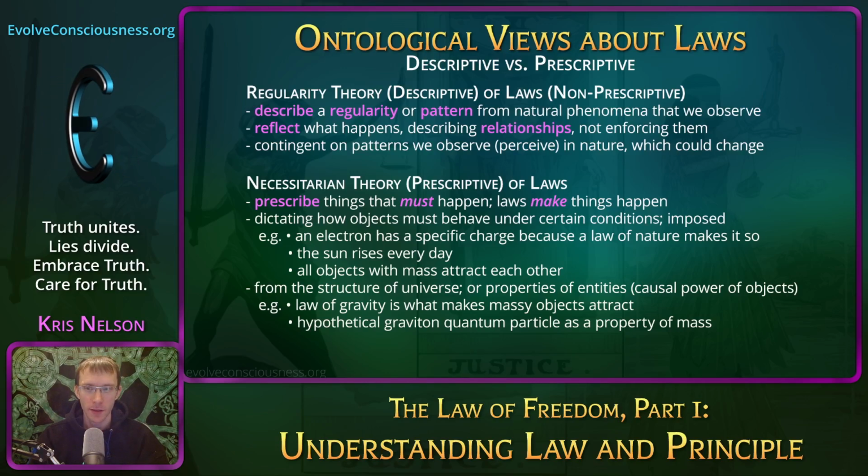So the necessitarian theory of laws of nature is that laws of nature prescribe things that must happen. Laws make things happen. Laws are dictating how objects must behave under certain conditions.